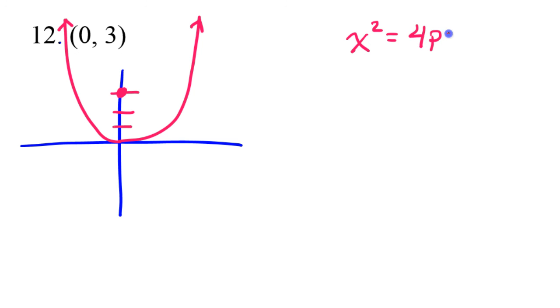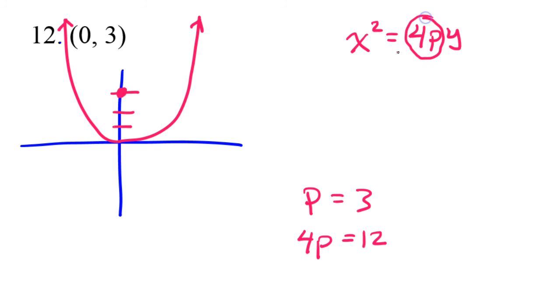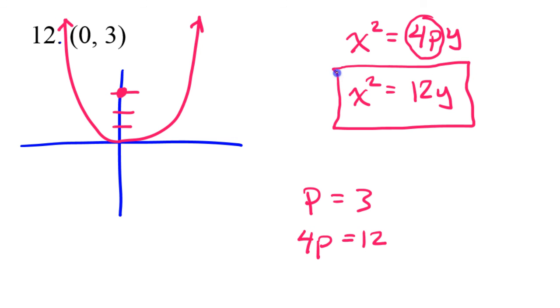X squared equals 4p times y. Now this is the p-value right here. So we know that p is 3. So multiplying both sides by 4, that means that 4p must equal 12. So that's what I'm going to put right here, 12. So this becomes x squared is equal to 12y. So that'll be the equation for number 12.